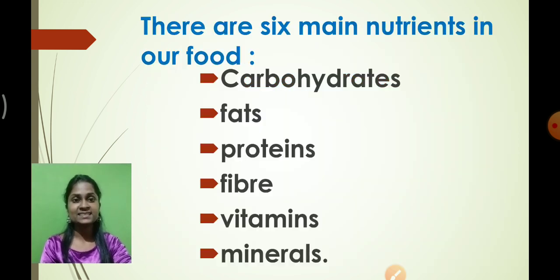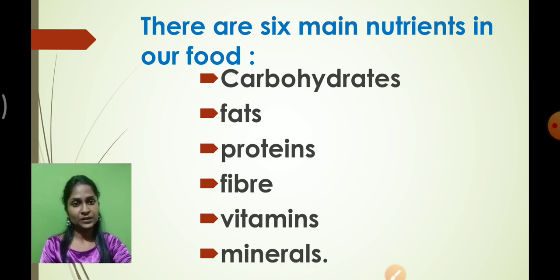There are basically 6 main components in our food: carbohydrates, fats, proteins, fibers, vitamins and minerals. These are the 6 components present inside the food material.